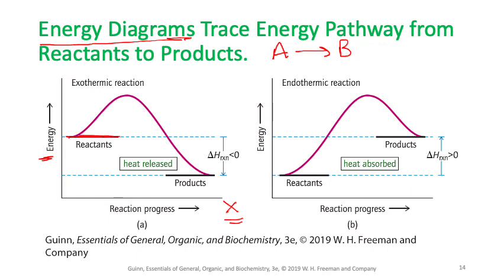I'm saying this is A, because my example reactant is A. The graph goes something like this, and after the reaction is done, you get a product, which is B. Based on my chemical reaction, A goes to B. If you look carefully, before the reaction the reactant has this kind of energy, but after the reaction is done, the energy on the product side is now this.